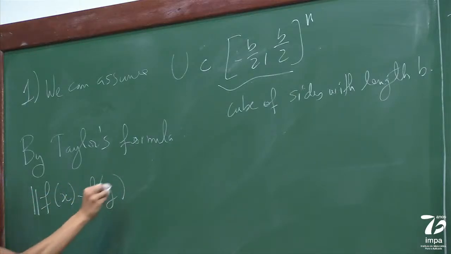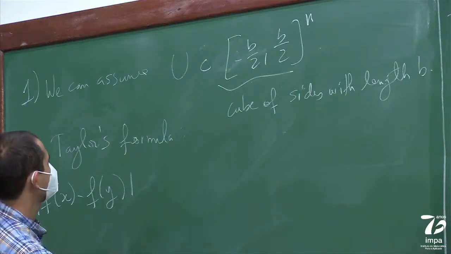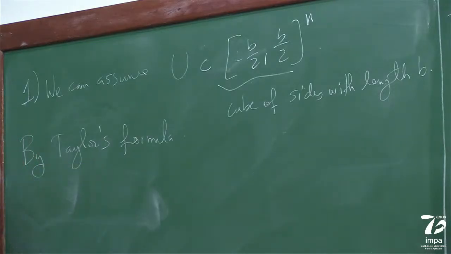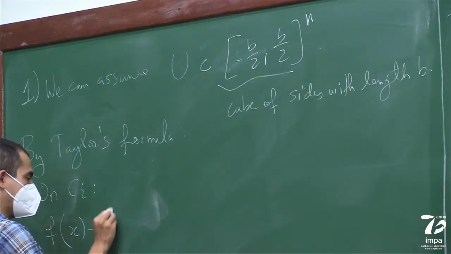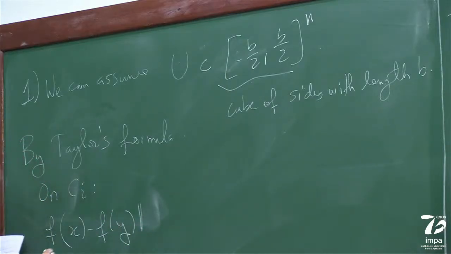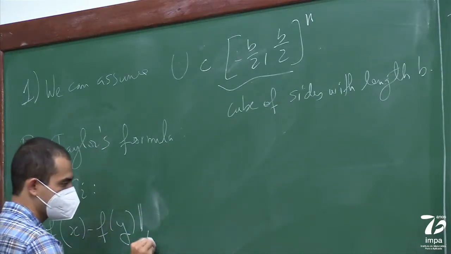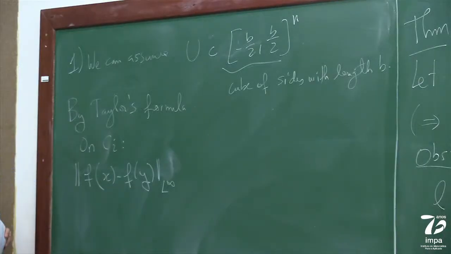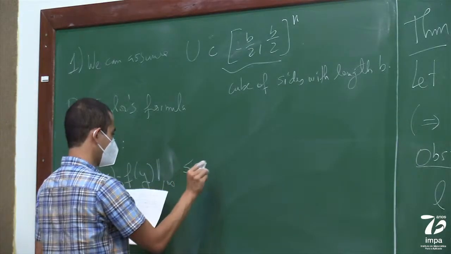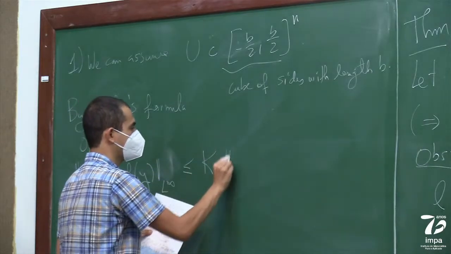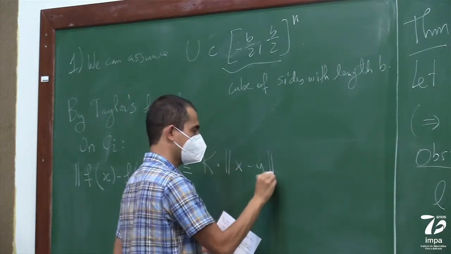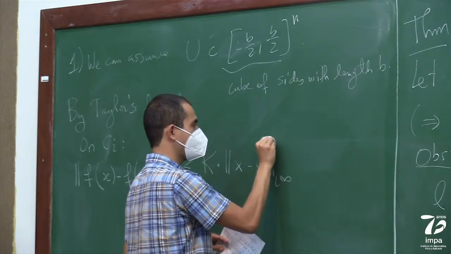So if I'm on Ci, I know that all the partial derivatives are 0 all the way up to order I. So that means that f of x minus f of y, again in L infinity norm, is less than or equal to some constant k times x minus y in L infinity, to the I plus 1.